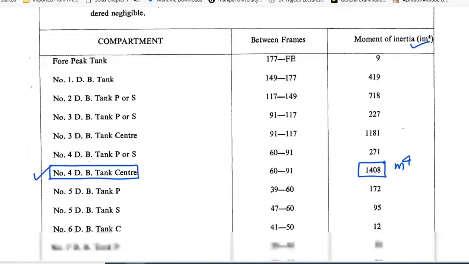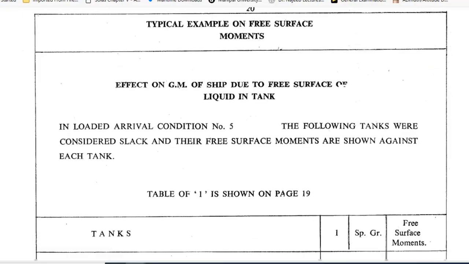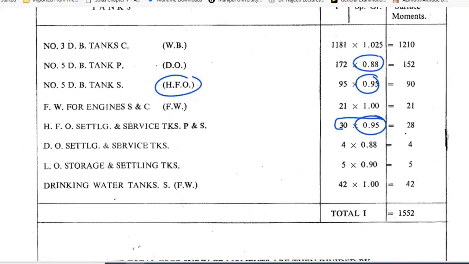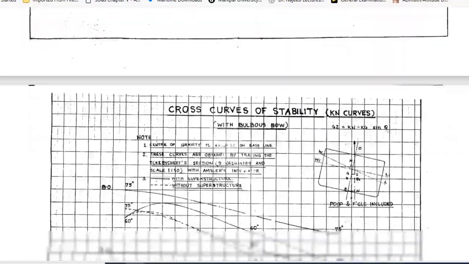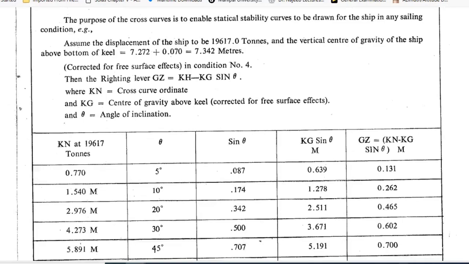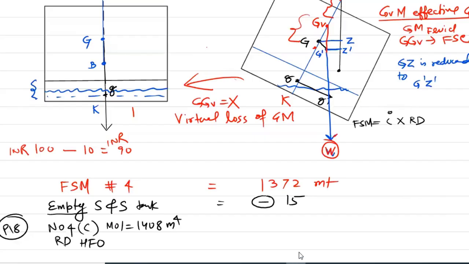I think some portion is missing. Anyway, when you see, you will find HFO is taken as 0.95. Diesel oil is taken as 0.88. Just remember that. Maybe I need to take another one and find it out. It is given there. Take it for granted. So HFO, the relative density is given as 0.95.